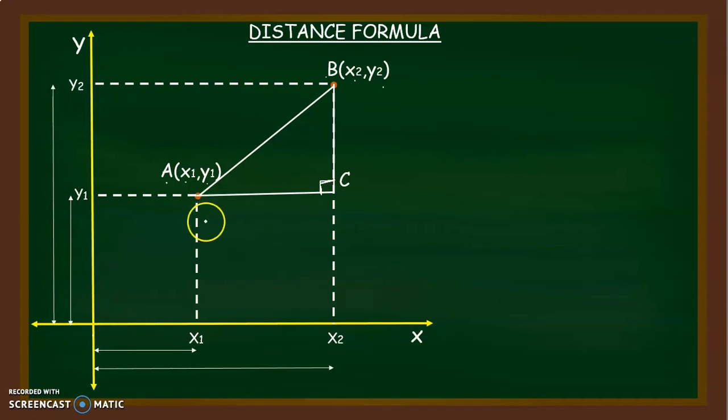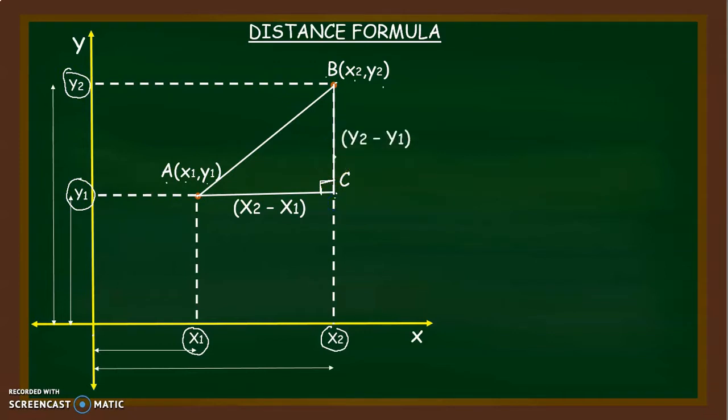So if you want to find out the distance between A and C, you can see that point C is at a distance of x2 and point A is at a distance of x1. So the distance between A and C will be equal to x2 minus x1. And in the same way, if you want to find out the distance between point B and C, the distance of point B on the y-axis is y2 and the distance of point C on the y-axis is y1. So the distance between B and C will be equal to y2 minus y1.